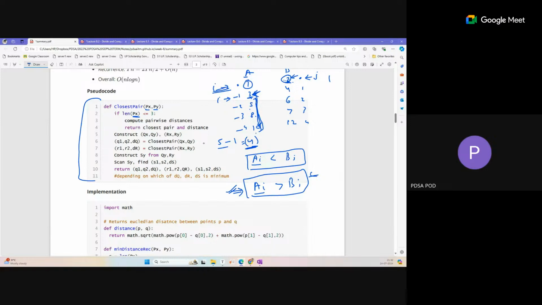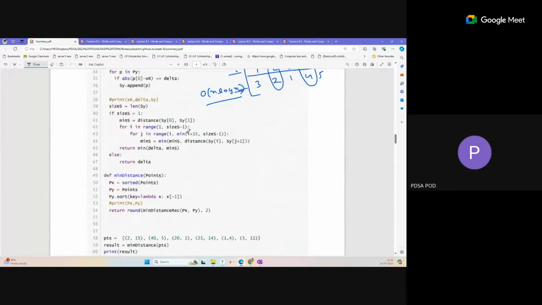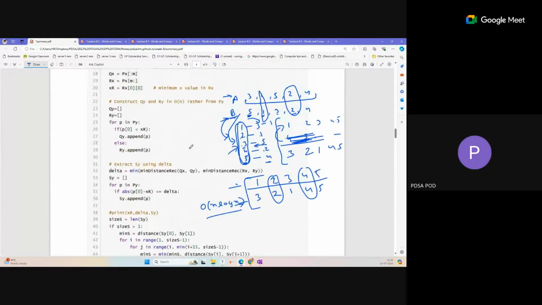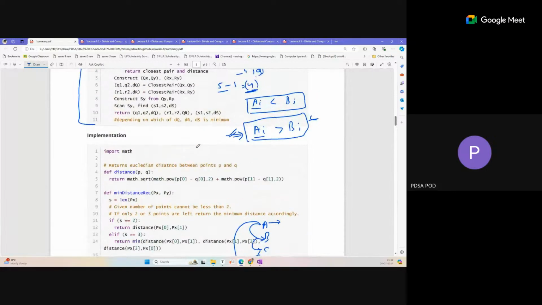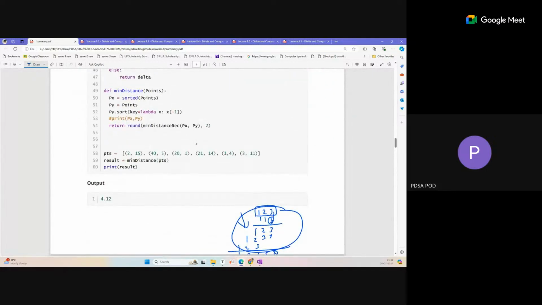This is also important. Px: our points are arranged in the sorted order of the x coordinates, all points. So let's discuss this example. Suppose these are the points PTS, the list of points we have.